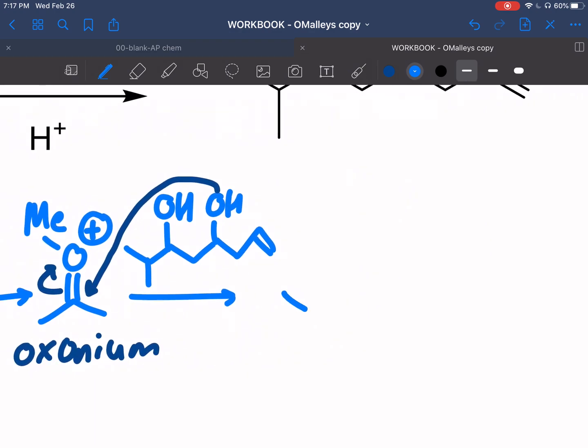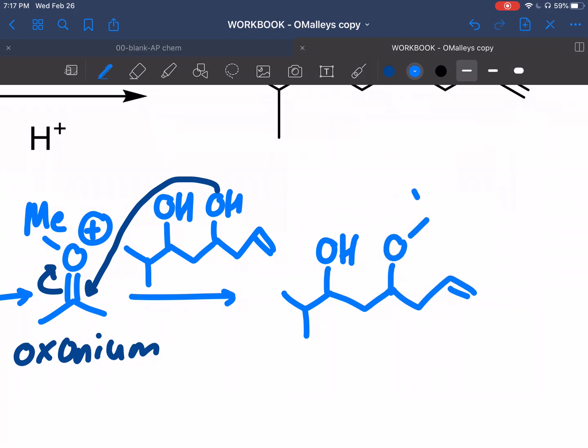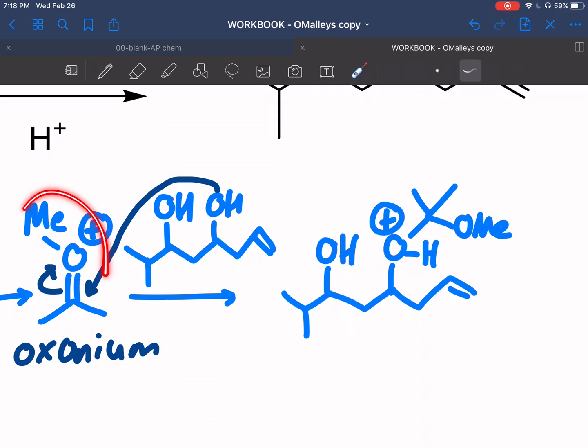And then I'll draw it with respect to what used to be the diol and just turn that oxonium piece upside down. So now you have a new carbon-oxygen bond up here, plus charge on this oxygen that used to be the alcohol. And hopefully you can see how the oxonium piece became this piece attached to that diol.